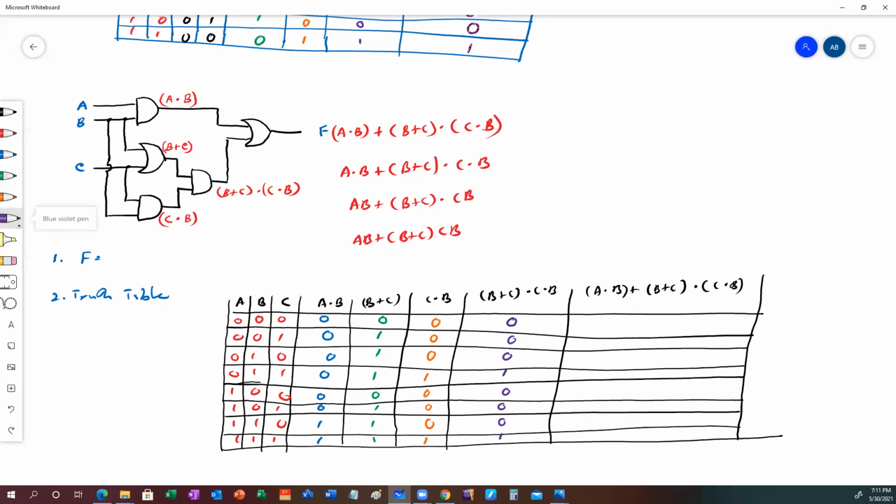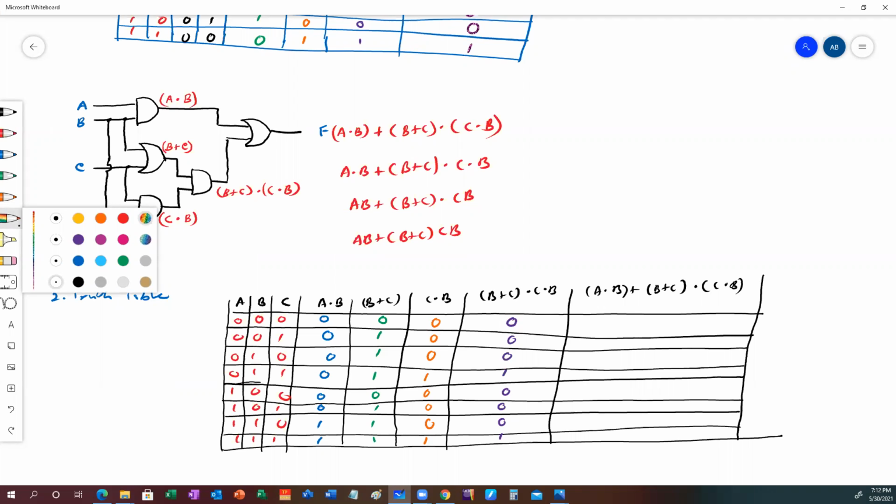Then last one. Let's have a different color. This one. Right. Last one. This, right, 1, 2.